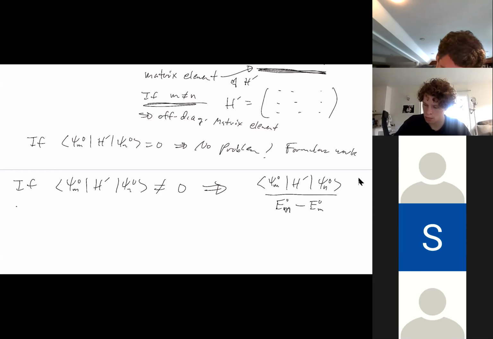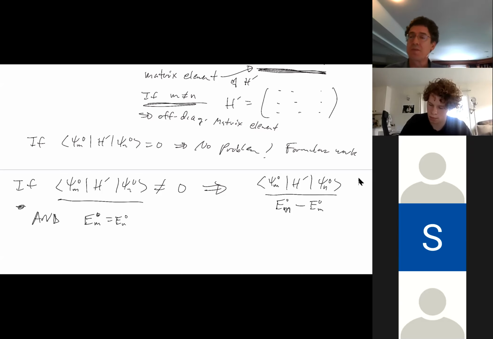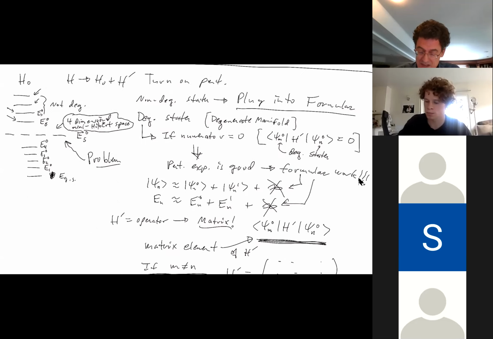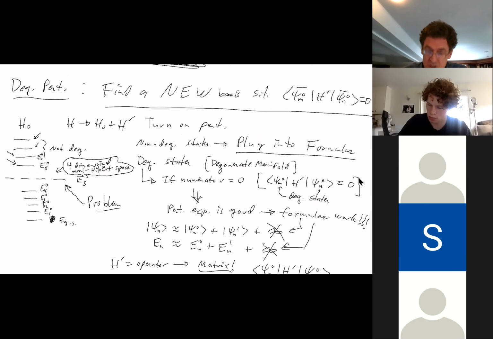If this is true and E m naught equals E n naught, if both of these things are true at the same time, then you are screwed, because I'm asking what the perturbation does to these degenerate states.